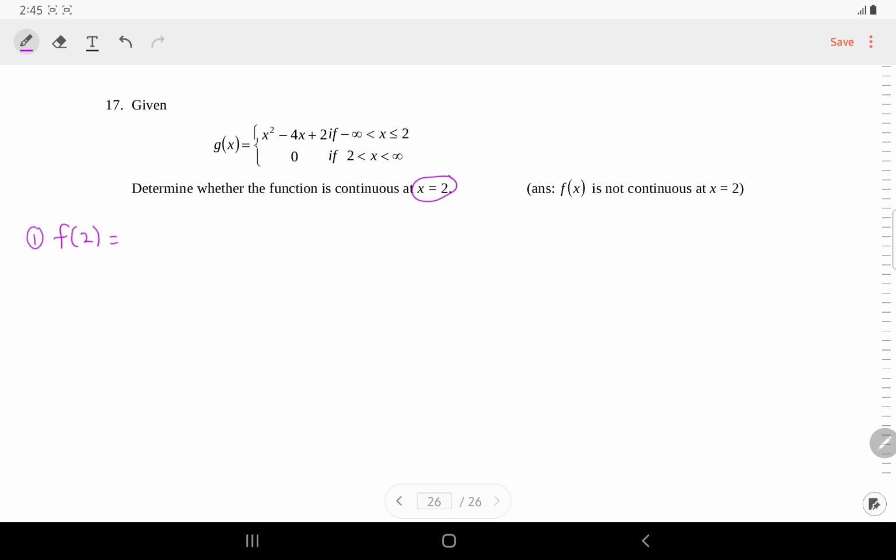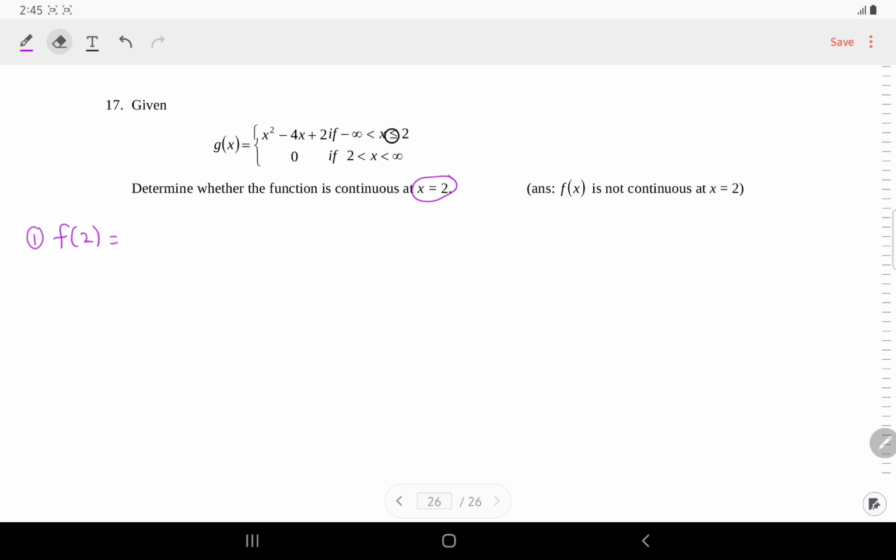Which function do we need to use for the first condition? The function we need to use is this function, because right here it has an equal sign, we can see it is equal to.